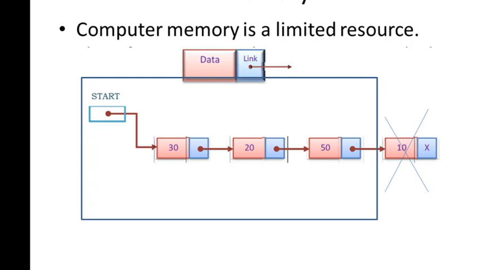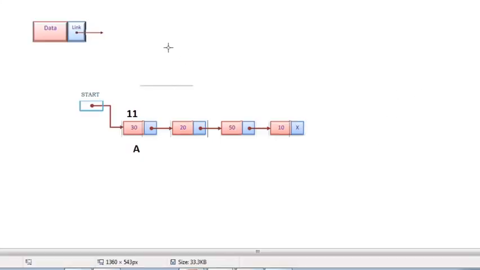Suppose I delete this node, it will be available for future use. Let us assume I am deleting this node. So whenever you delete this node, where will it be placed?